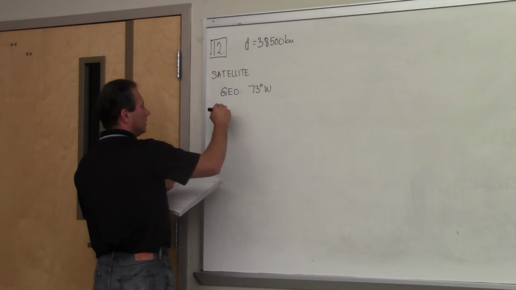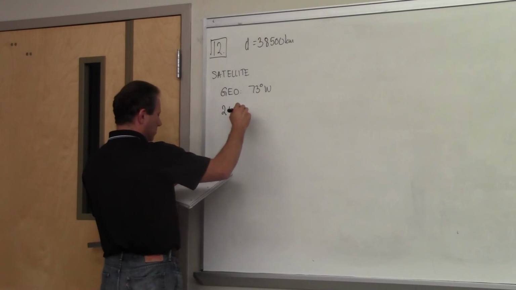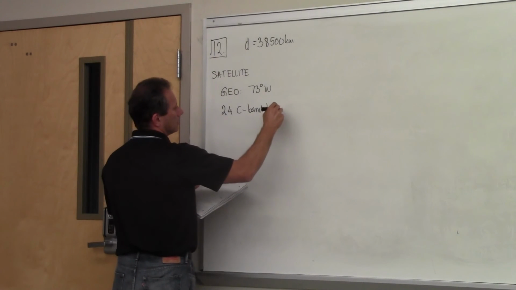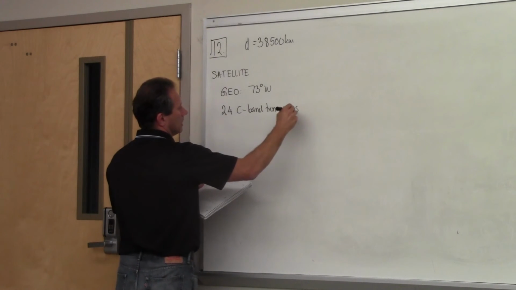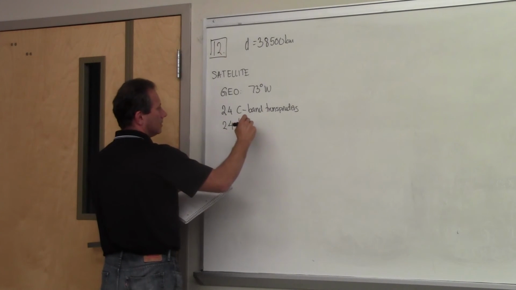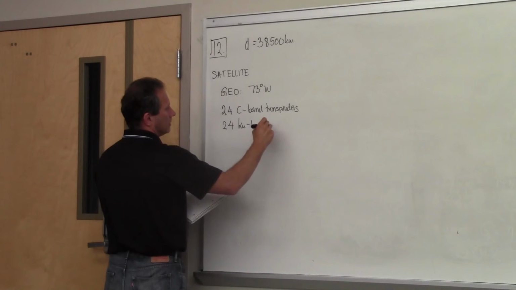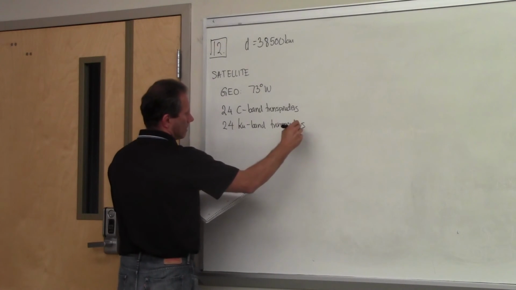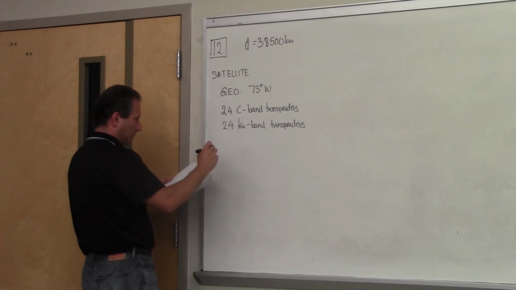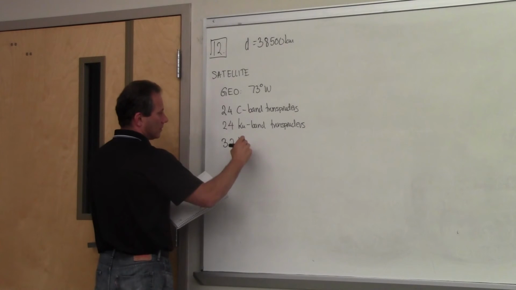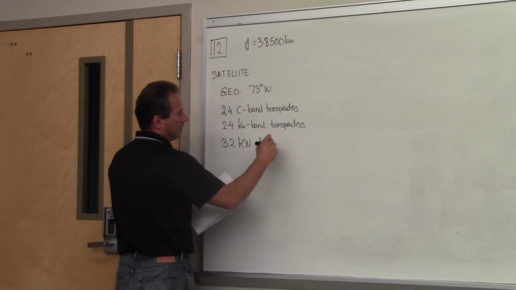It has 24 C-band transponders, and 24 Ku-band transponders. It has 3.2 kilowatts of RF power available.